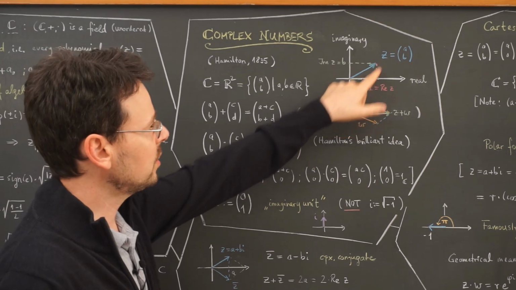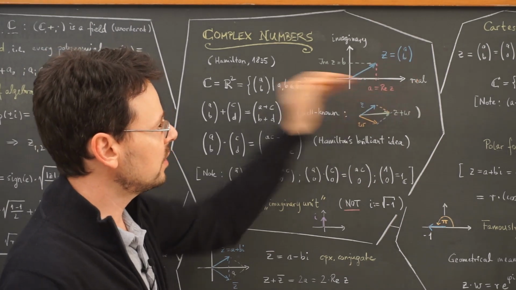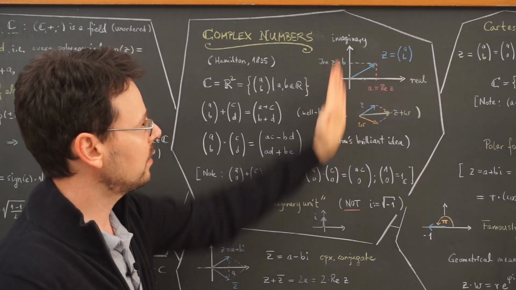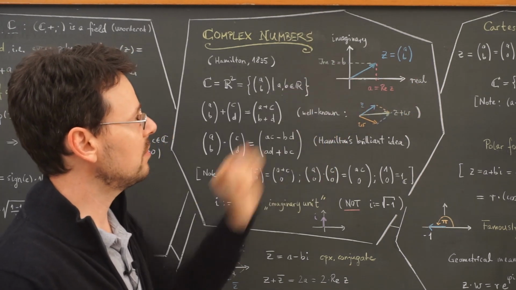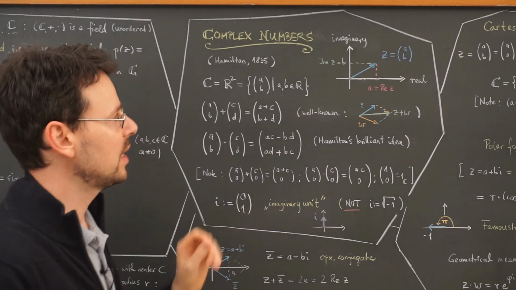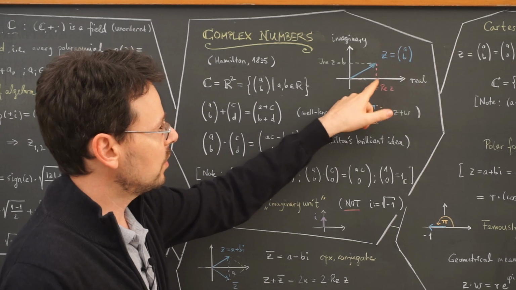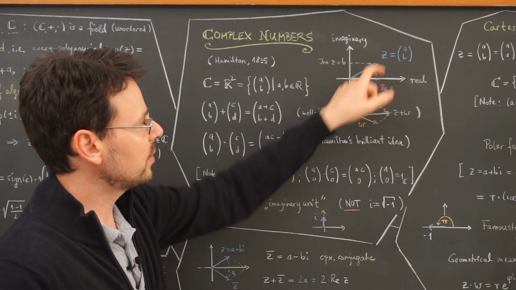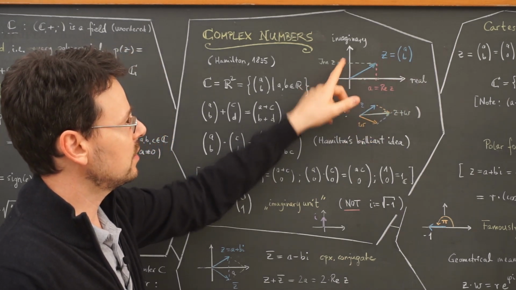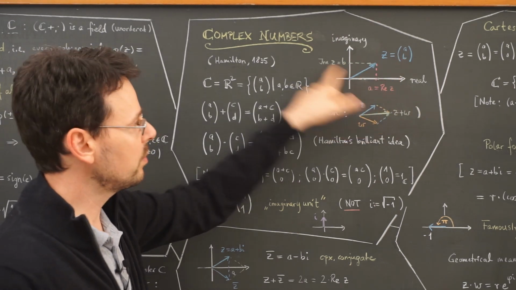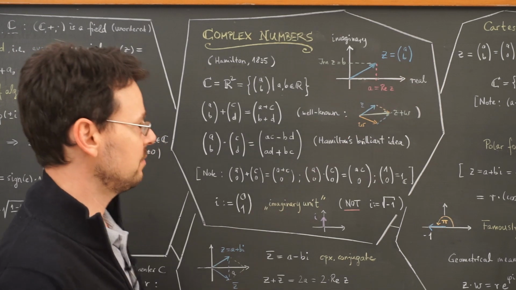Now for the notation, the x1 coordinate or the x1 axis is called the real axis, and the x2 axis is called the imaginary axis for reasons that will become clear shortly. The x1 component is called the real part of the complex number, and the x2 or y component is called the imaginary part. Both are real numbers describing this vector.